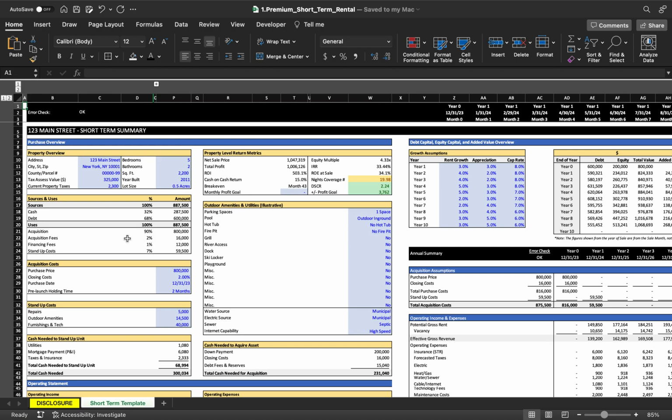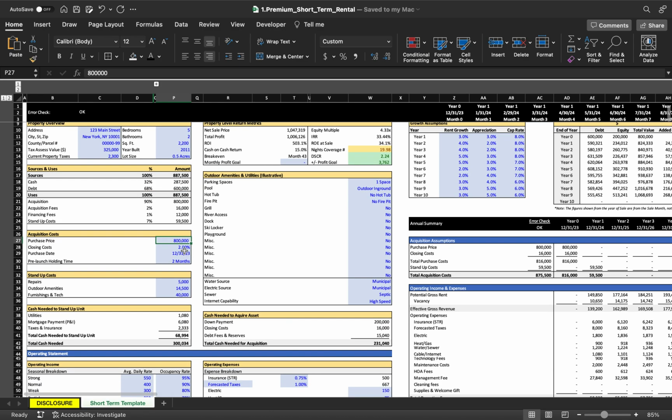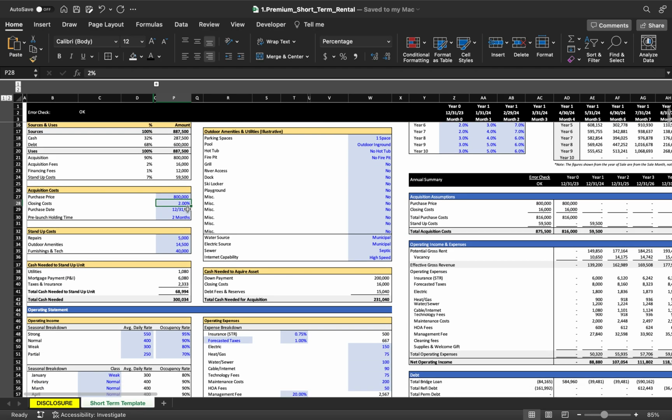But essentially what you do is you come down to the acquisition cost. You could plug in the purchase price of the unit or the home. What are your closing costs? So what percent of your purchase price are your closing costs? When are you acquiring the unit? This model operates based off of the last day in the month that you plug in here.